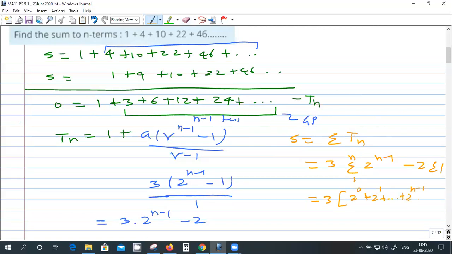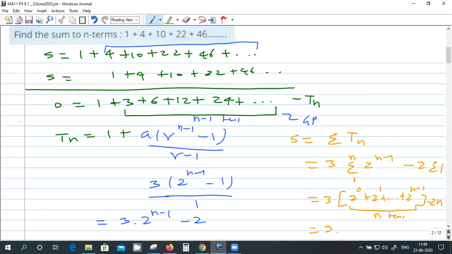So how many terms are there? Sigma 1 is n. How many terms are here? Starting from 0, so n terms are there.